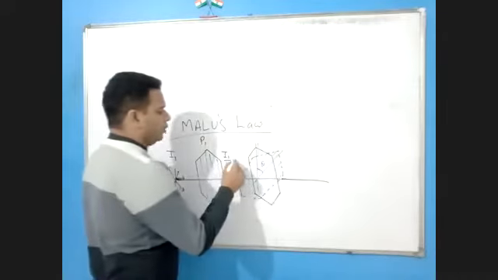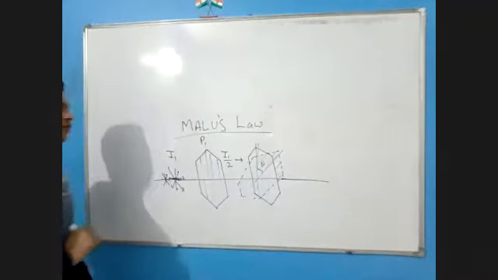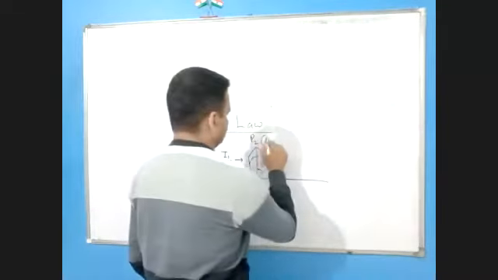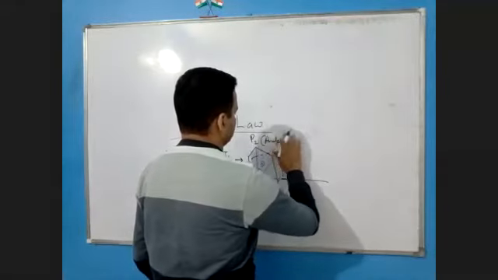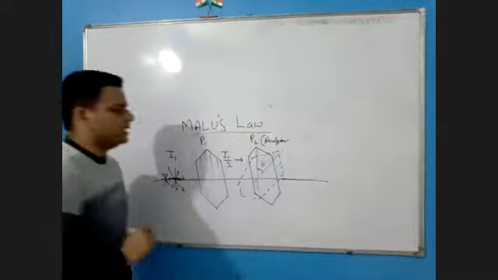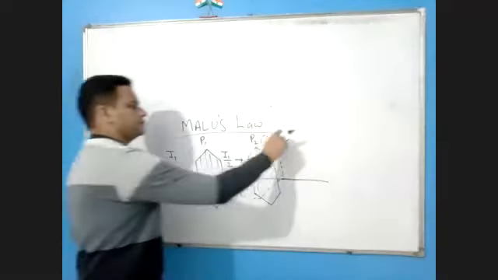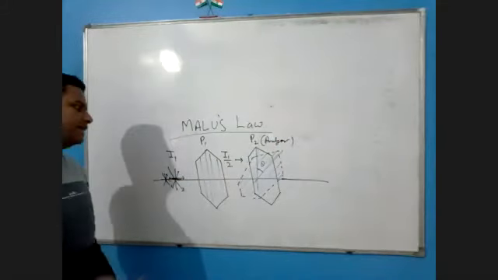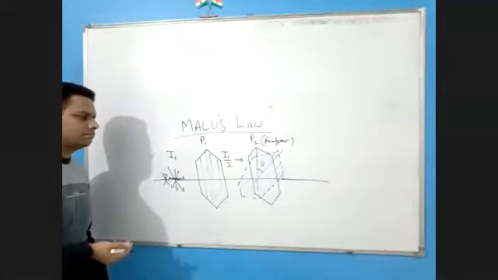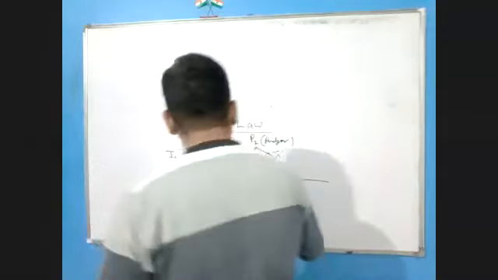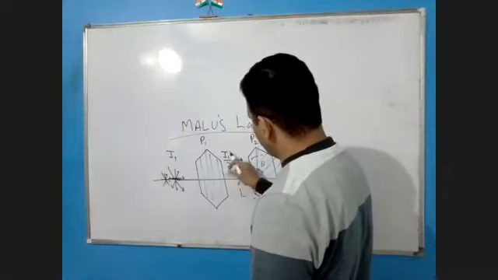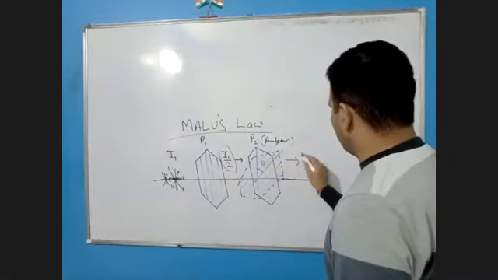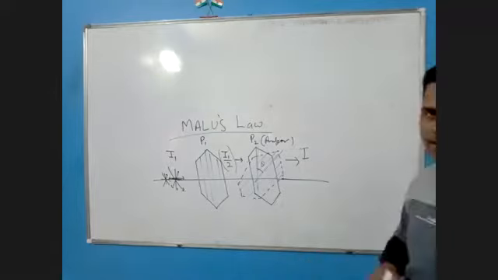Now this I1 by 2 is the incident intensity for the second polarizer P2, that is the analyzer. So the incident intensity on the analyzer is I1 by 2. Now what will be the intensity outcome from the analyzer?